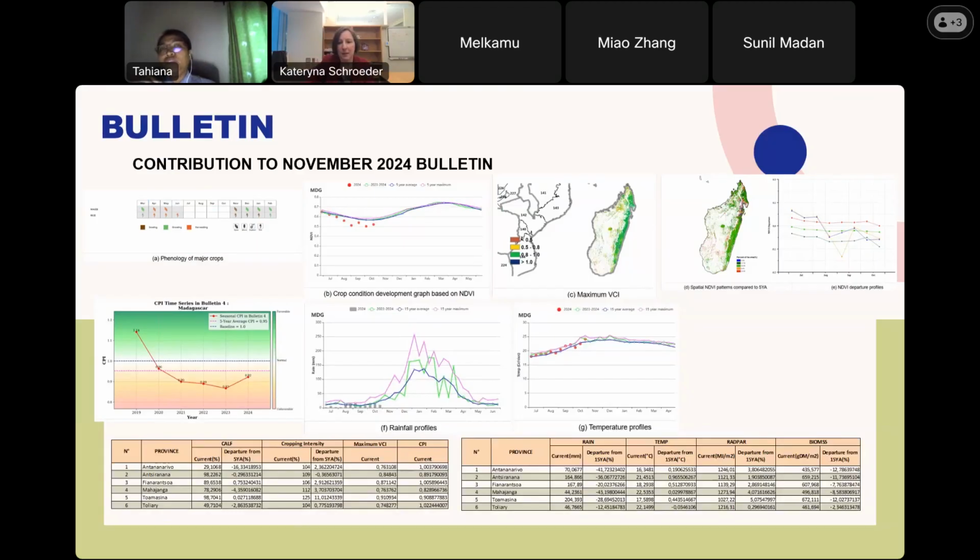Those parameters are needed for making a bulletin, for helping high-level officials make decisions, for crop monitoring, and for helping farmers monitor their crops.